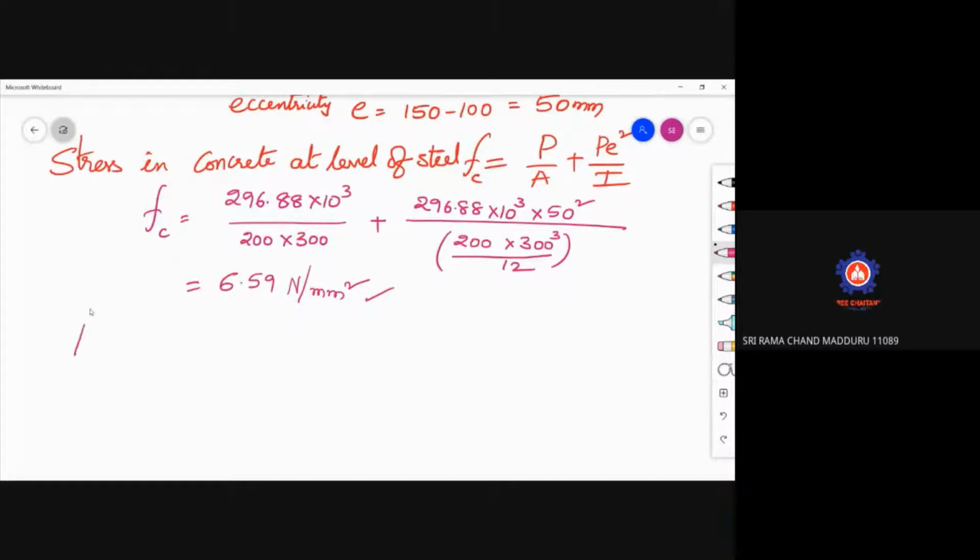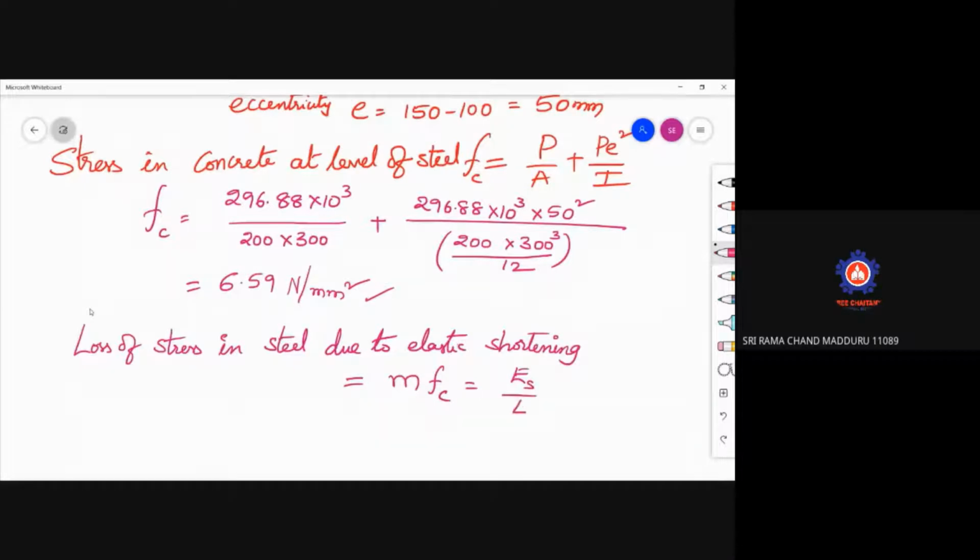Now we need to calculate loss of stress in steel due to elastic shortening or elastic deformation, both are the same. So we write this as m into Fc, where m is Es by Ec into Fc. Es is 210 kilonewton per mm square, Ec is 31.5, into 6.59.